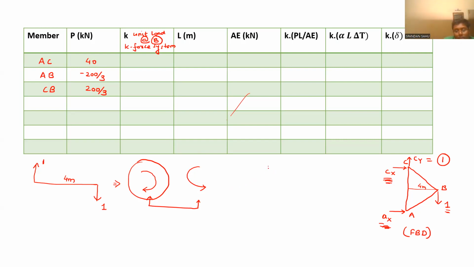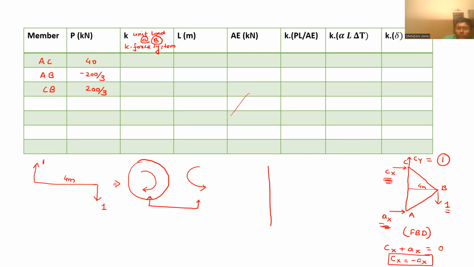So now see, here we have shown Ax in this direction and Cx is also in this direction. But when we do summation of Fx equal to 0, this will give us Cx plus Ax equal to 0. That means Cx and Ax, magnitude wise they are same, but the directions are different.